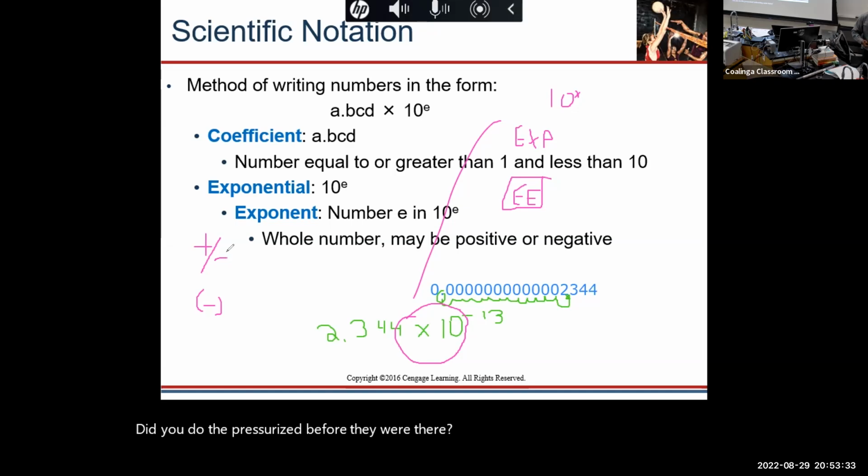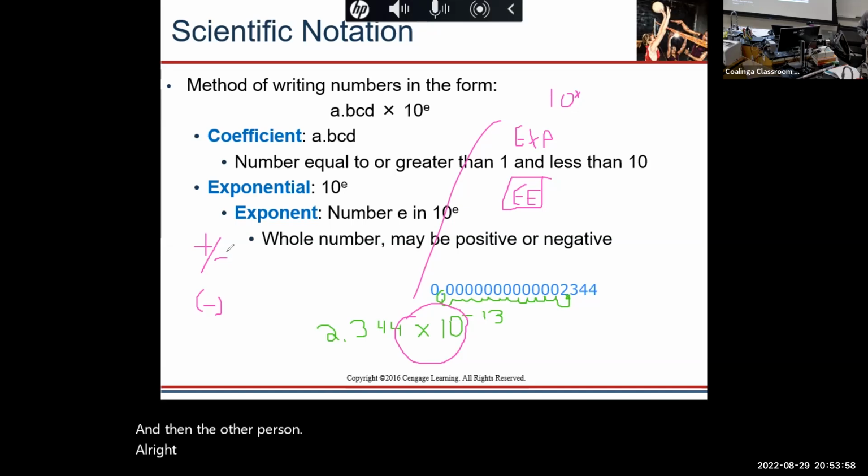Okay, let's start over. 2.344. Then what do you put? Then you times it by 10, and then you hit E, and then you put 13, and then the plus minus.